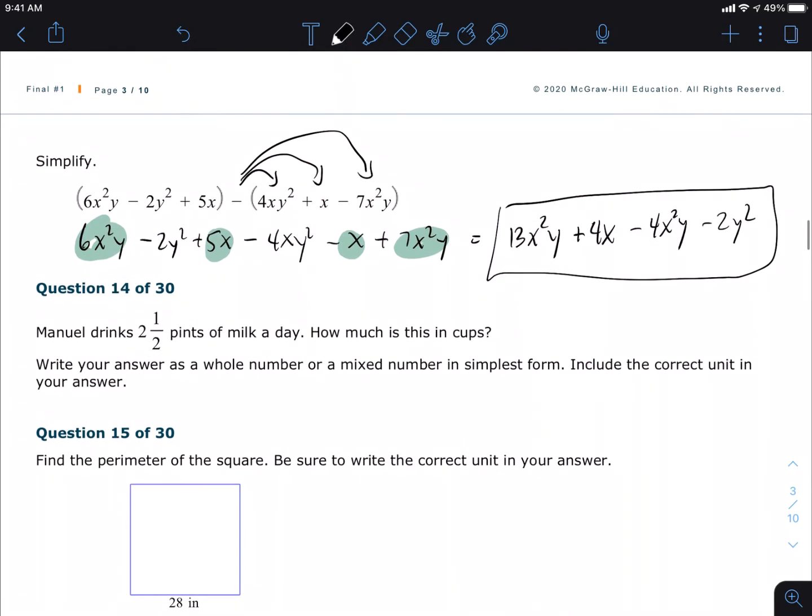All right. It says Manuel drinks 2.5 pints of milk each day. How many cups is this? Oh, okay, so let me see. I need to remember this stuff. It's been a while since I've done pints and cups.